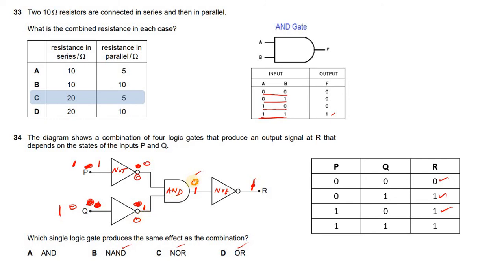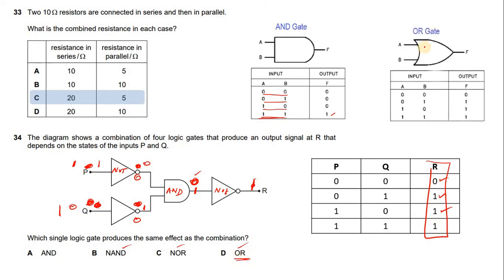If AND gate is 0, then again output will be 1. And if you see, this is the final output, 0, 1, 1, 1, and this is the output of OR gate. You can see the truth table of OR gate, 0, 1, 1, 1. And that means instead of all these combinations, we can use only one logic gate, which is the OR gate. So option is D.